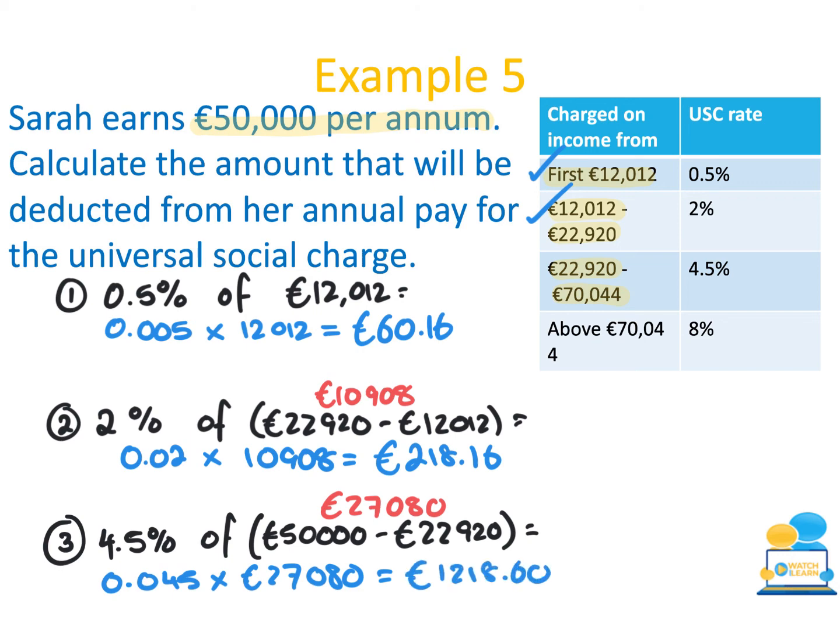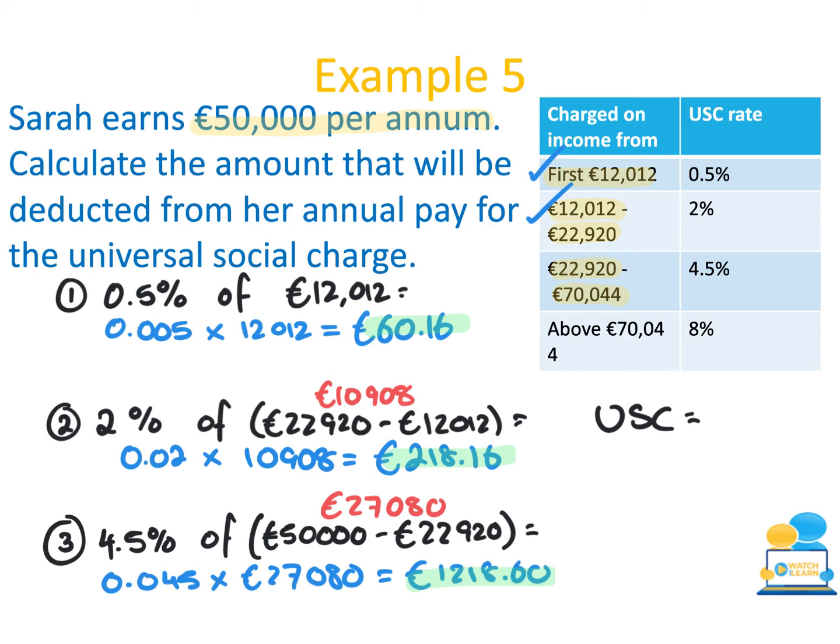€1,218.60. So now to find out the total amount of USC that Sarah has to pay, I need to take my three charges from the three brackets. So that would be €60.16, €218.16 and €1,218.60, and add those three together, and that will be the total amount of USC that she has to pay on her annual earnings.